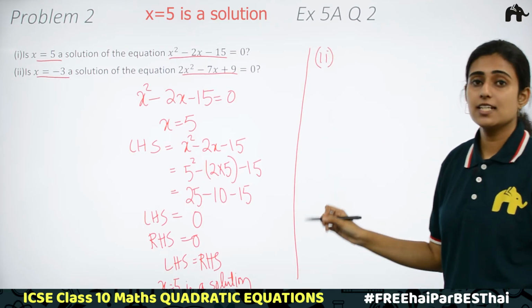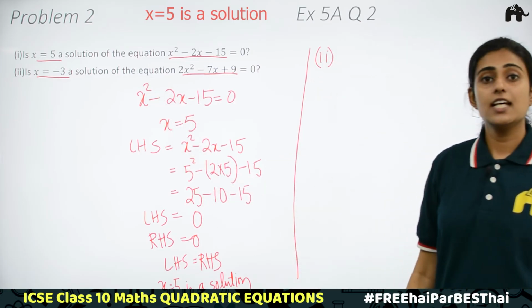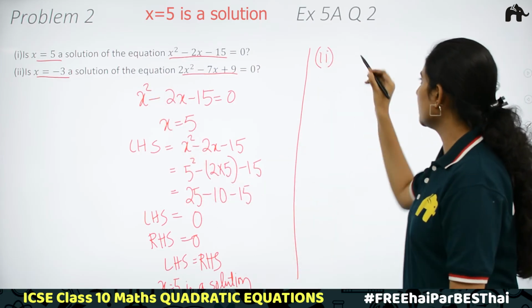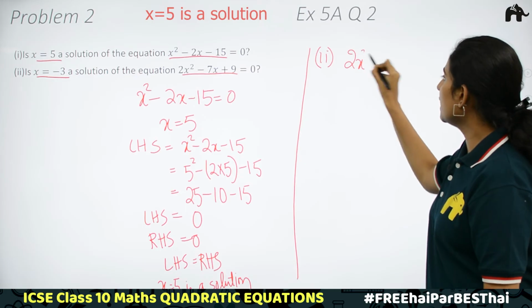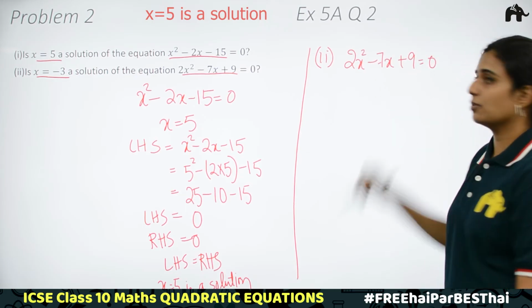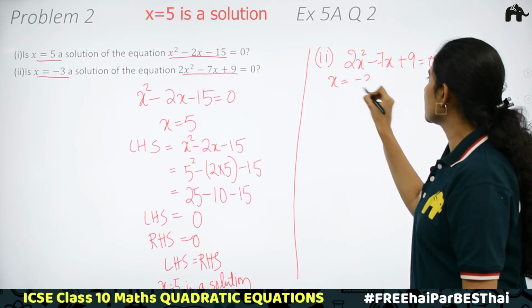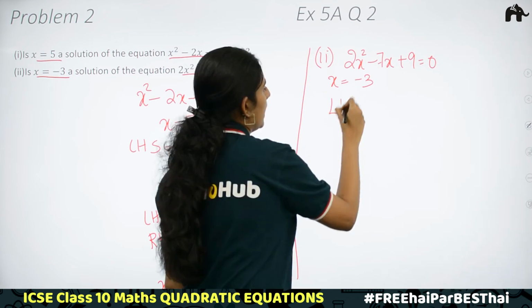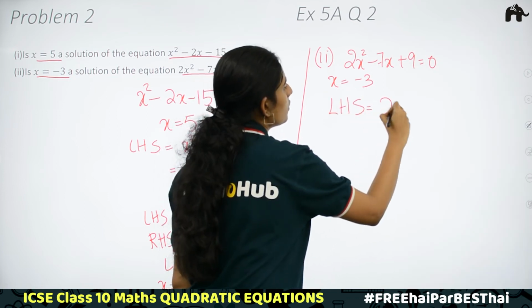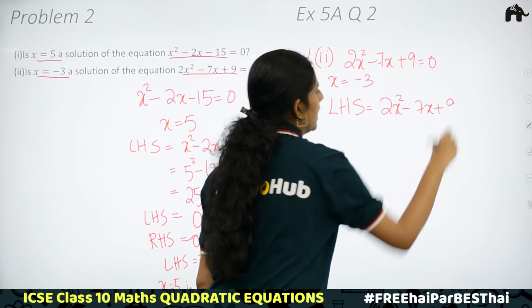The second part, we need to find if x is equal to minus 3 is a solution of the equation 2x square minus 7x plus 9 is equal to 0. Let us substitute x is equal to minus 3. Here, LHS is equal to 2x square minus 7x plus 9.